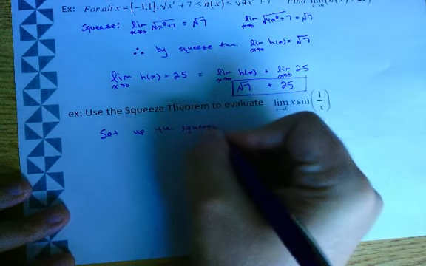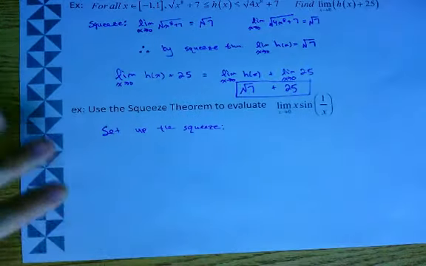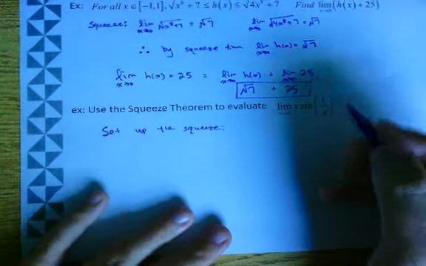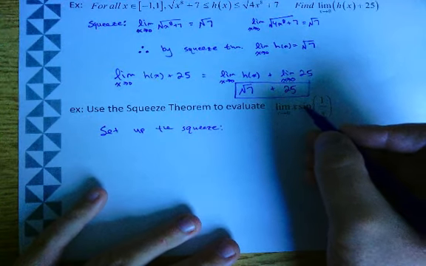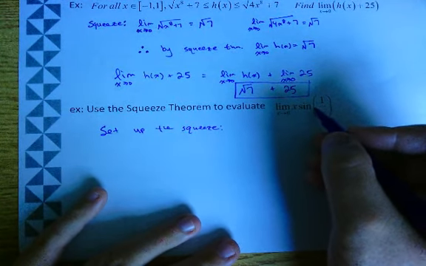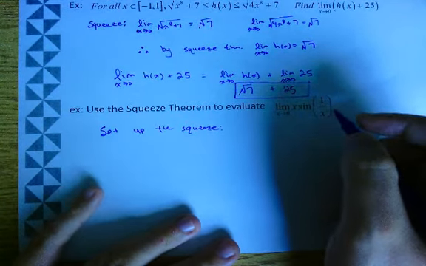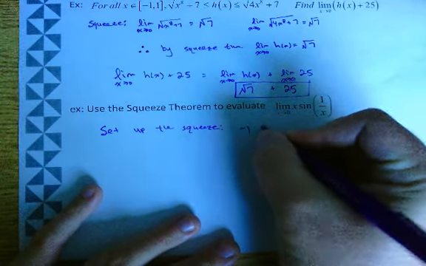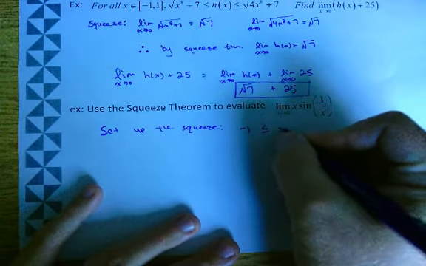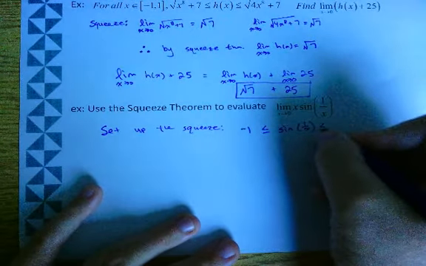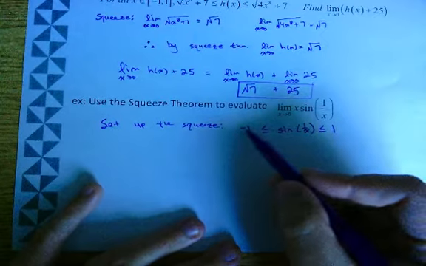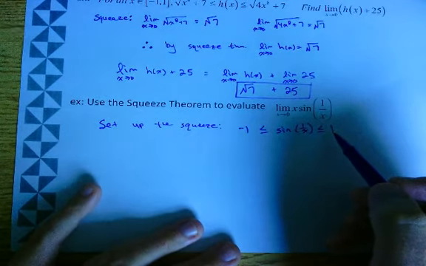So usually with these squeeze theorem problems, we're looking at the trig values. So I'm just looking at the range for sine. The range for sine is that sine of anything, mind you, that's why I can do 1 over x, is always between -1 and 1.